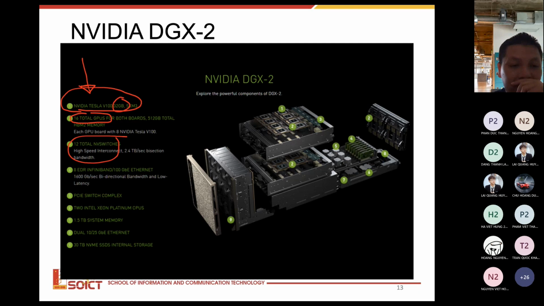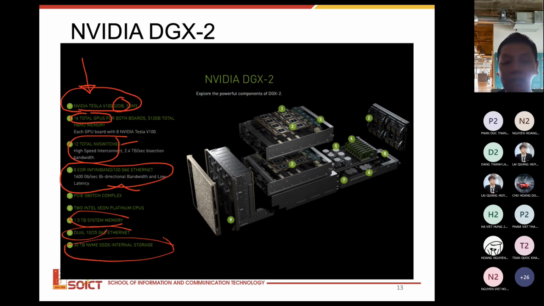Then you have InfiniBand to connect the different servers, the network connection, and the NVSwitch is for the GPU connection. And then about 1.5 terabytes of RAM, and you have a 30 terabyte SSD. So this one is so expensive.